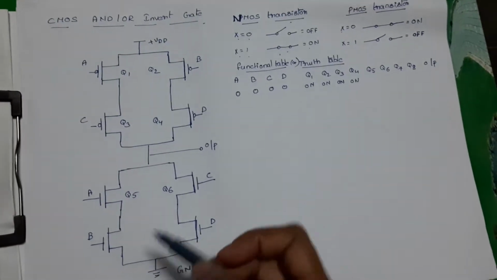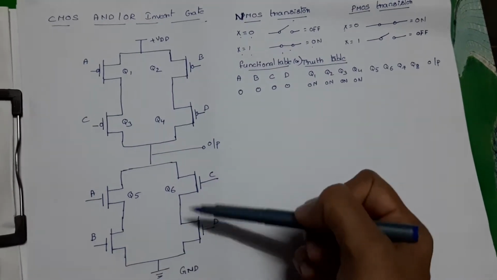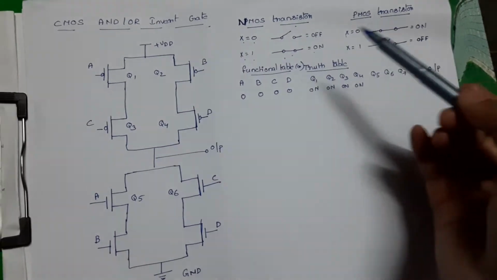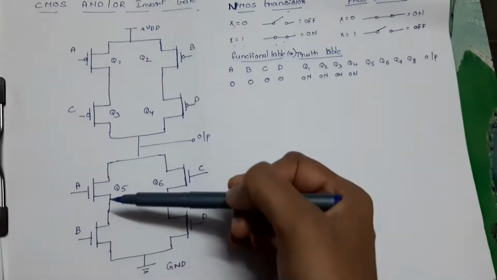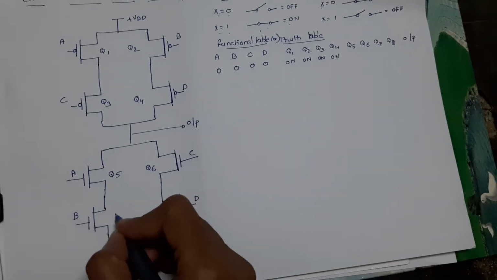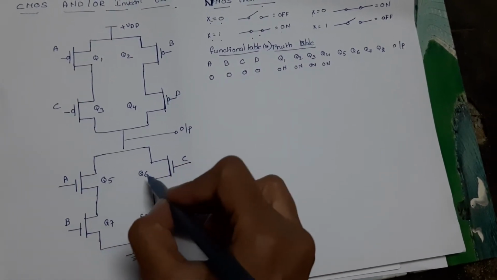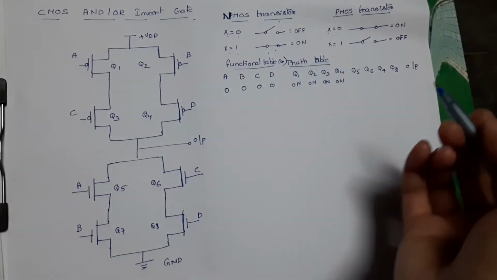Similarly, the same inputs A, B, C, D are given to the NMOS transistors as 0. When we apply the input voltage 0, what is the condition? Q5, Q6, Q7 and Q8 transistors are all going to be in the off state.